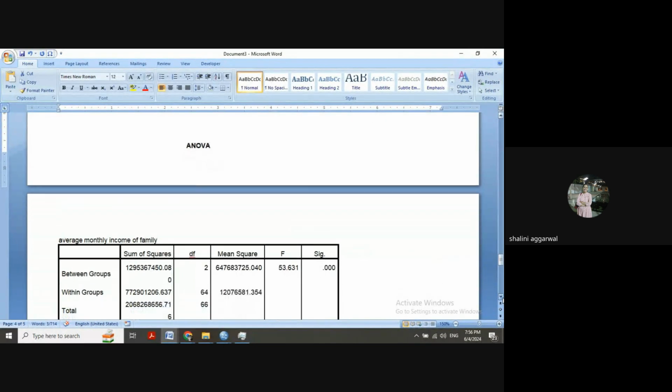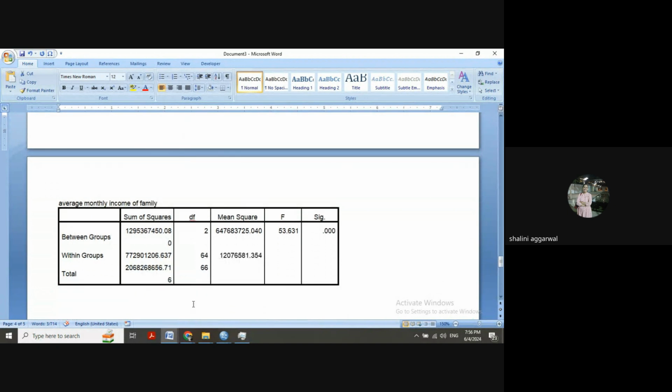Here the p-value is less than 0.05. So what we will assume here is we will accept the alternate hypothesis. Alternate hypothesis means what?